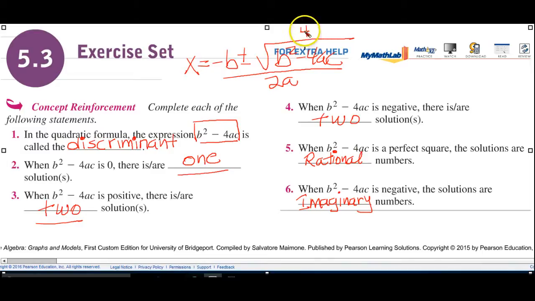Their being a perfect square makes them rational. And generally speaking, if this comes out as a rational number, these quadratic equations could have been factored. Another little hint here.